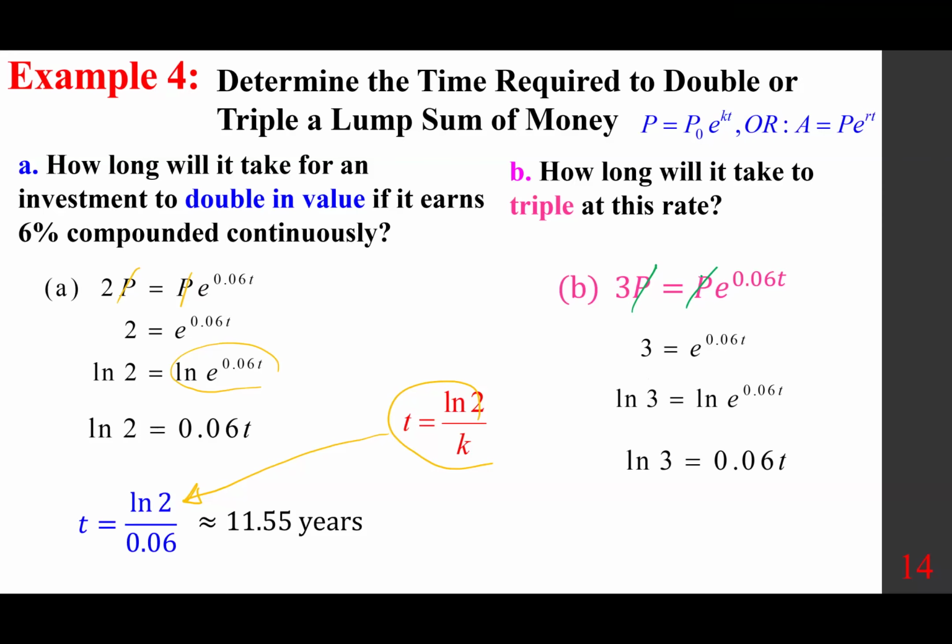So the precise answer is ln 3 divided by 0.06, and you use a calculator, it takes 18.31 years. So in essence, for triple it's ln 3, for double it's ln 2 over k, and for this one it would be ln 3 divided by k. We established it in that manner.